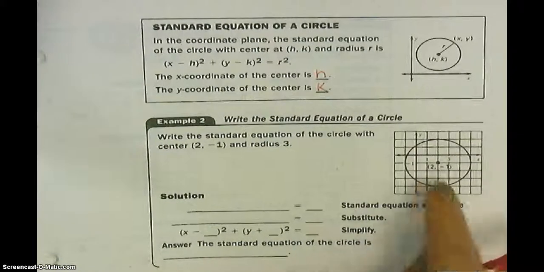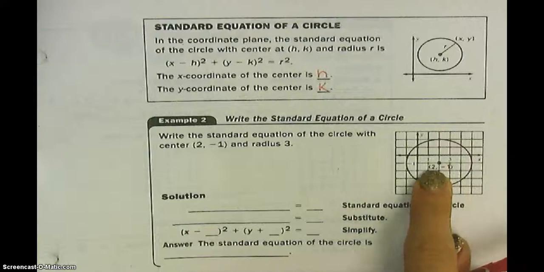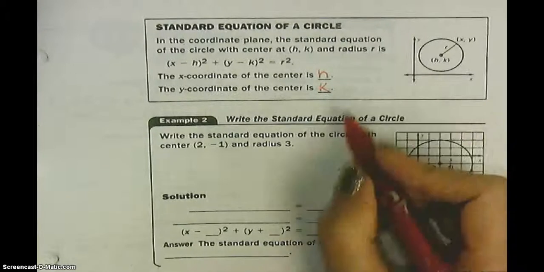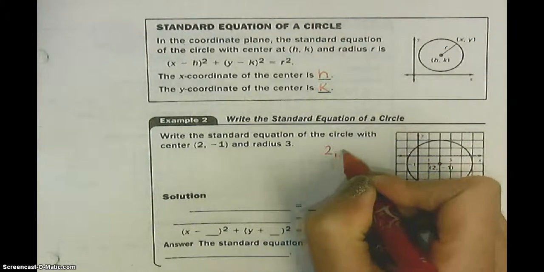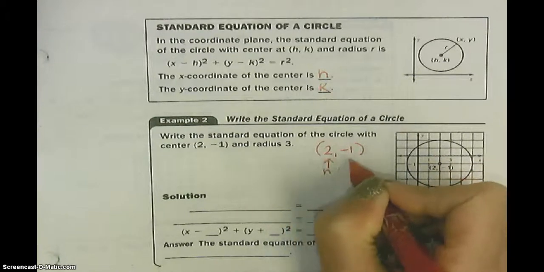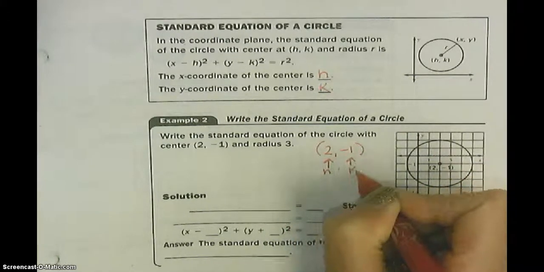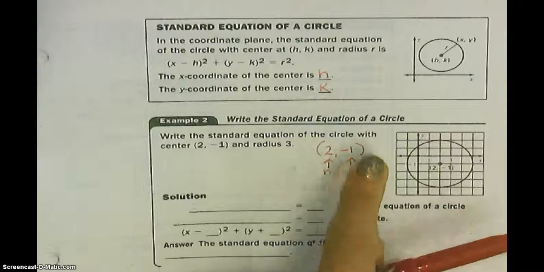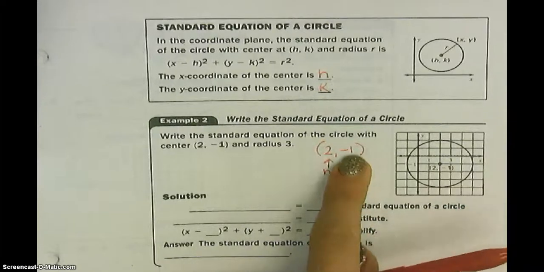So if you look here, here's our center. 2, negative 1 is our center. So this is our h, and this is our k, so to speak. We have to subtract this from x and subtract this from y.